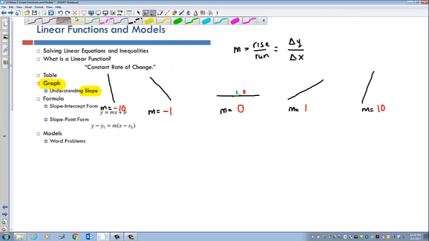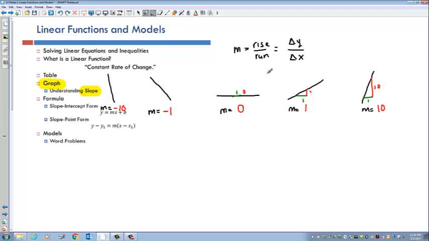Versus if you have slope 1, what does that mean? That means if you go over 1 unit, you get to go up 1 unit. That's what it means to have slope 1. Versus slope 10, that means if you go over 1 unit, you don't just go up 1 unit, you go up 10 units, which gives us this idea of a very big slope.